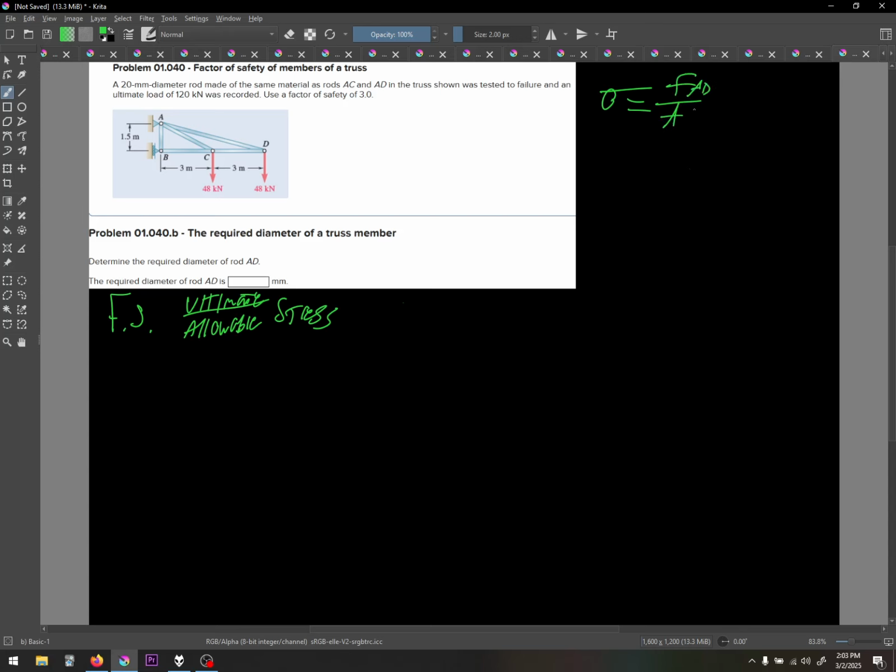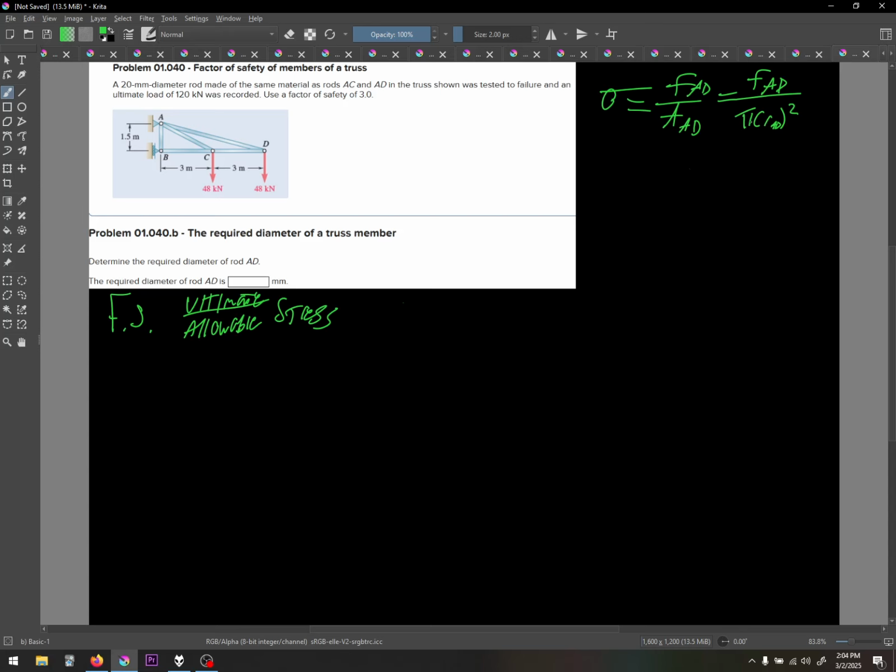So FAD over area AD, and we know that area AD is going to be FAD over pi times R AD squared, and we know it's going to be RAD because we're saying these are rods, and this is the cross-sectional area. Cross-sectional area of a rod is a circle, and this is the area of a circle.